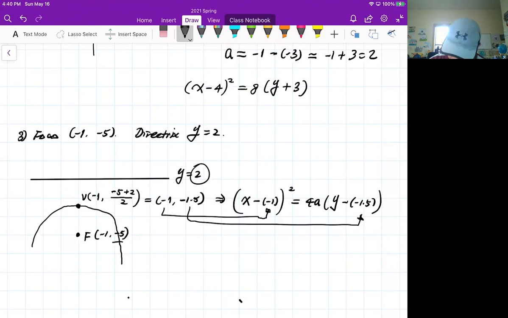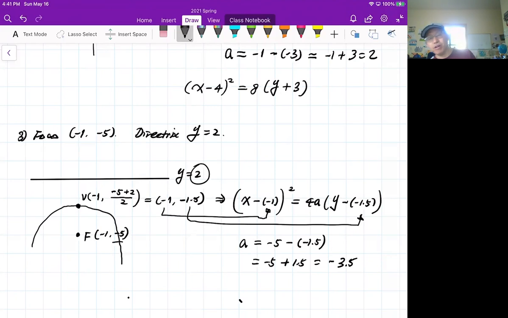What's the a here? a is the difference between the focus and the vertex. The focus is -5, minus the y value of the vertex, which is -1.5. So it's -5 minus (-1.5), which is -5 plus 1.5, and that becomes -3.5. Everything's good?